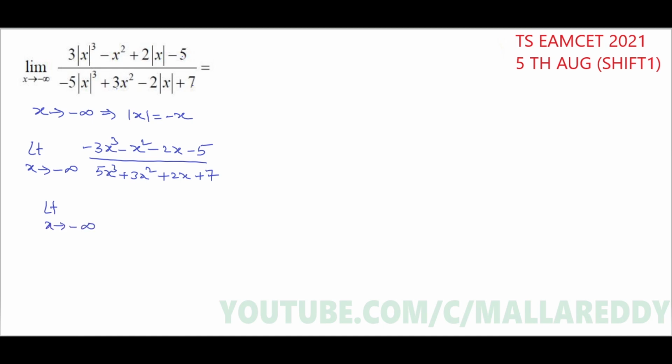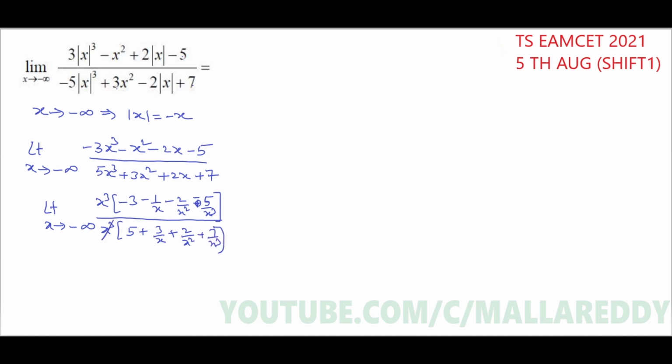Take x cube common in numerator and denominator. That is minus 3 minus 1 by x minus 2 by x square minus 5 by x cube in the numerator, and x cube common in the denominator, that is 5 plus 3 by x plus 2 by x square plus 7 by x cube.